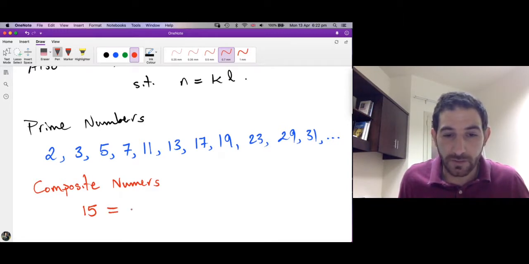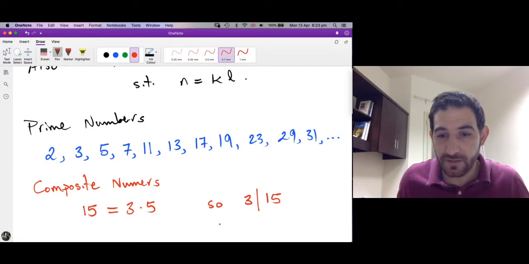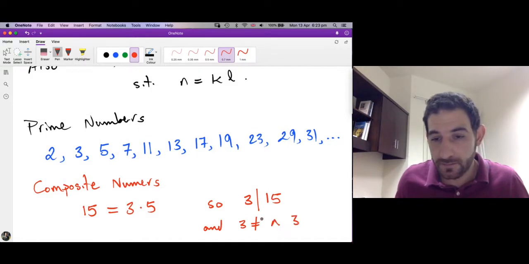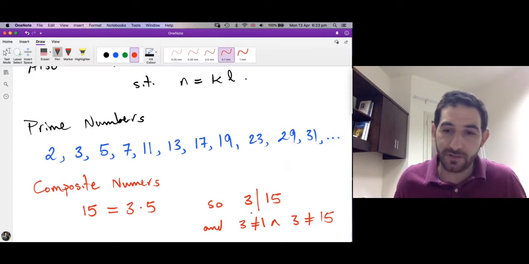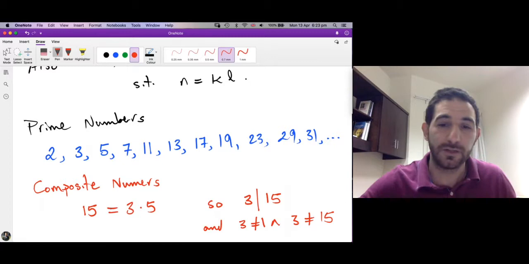Because it's equal to 3 times 5, which means that 3 divides 15. 3 is a divisor, and 3 is not 1, and 3 is not 15. So we found a divisor of 15 which is neither 1 nor itself, and this violates the definition of a prime. So 15 is not a prime, it's a composite number.